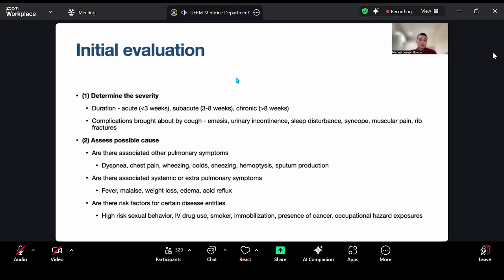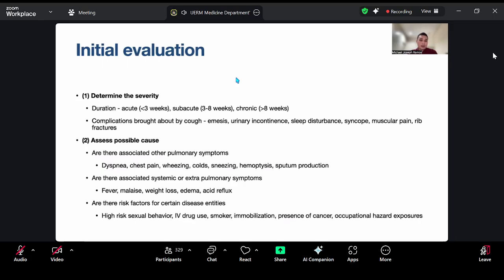You also assess the possible causes of chronic cough. You look for the presence of other pulmonary symptoms that point to a certain disease, like allergic rhinitis, severe pneumonia, or the presence of an underlying condition such as asthma or COPD, bronchiectasis, or lung abscess.